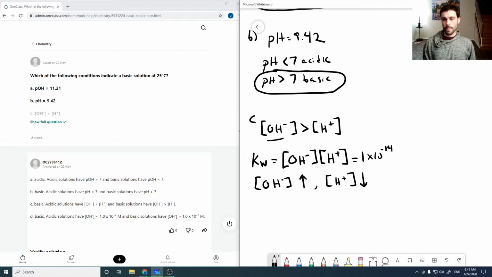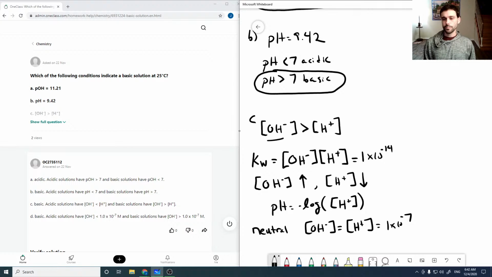And remember that our pH is the negative logarithm of our H plus concentration. And also remember that what Kw is telling us is that in a neutral solution, OH minus concentration equals H plus concentration equals 1 times 10 to the minus 7, which, if you work it out, would be a pH of 7.